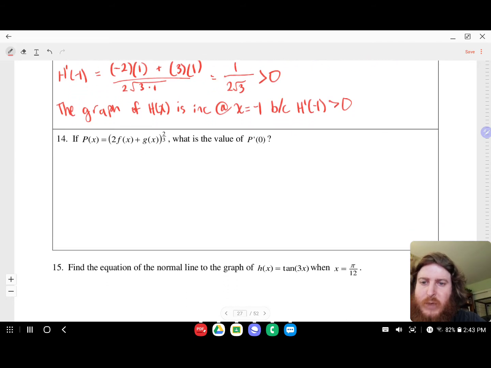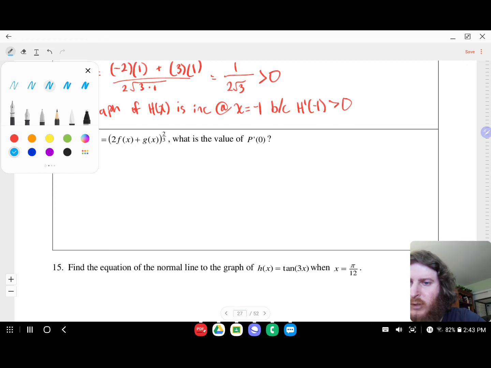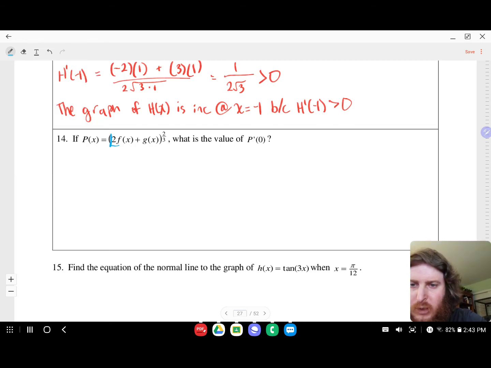Okay, next one. Again, that whole chain rule process. So we have basically the outside is a 2/3. So if we start with the outside, then whatever is the 2/3 is going to be our box.